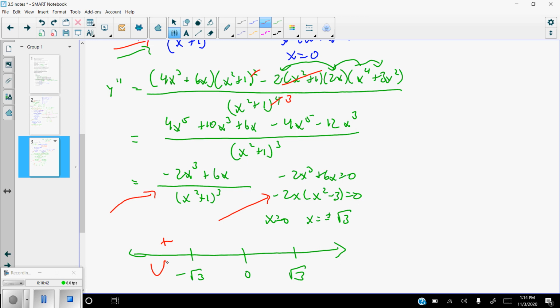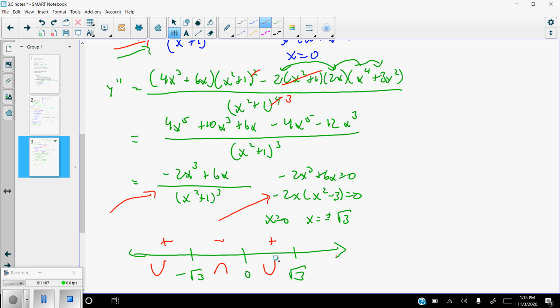And then something in between negative root 3 and 0, like negative 1, is going to be positive on the outside, but it's going to be negative on the inside because you're going to get 1 minus 3, which is negative 2. So positive times negative is negative, so now it's concave down. Something in between 0 and root 3 is 1, so that'll be negative on the outside, negative on the inside, so that's positive.